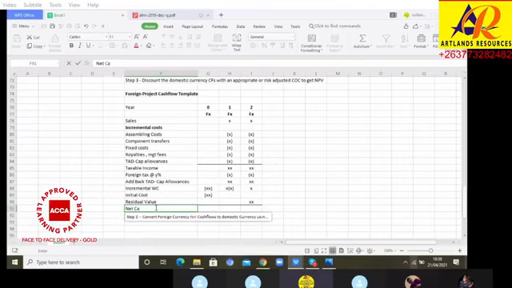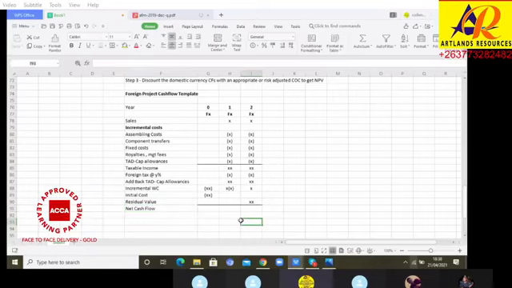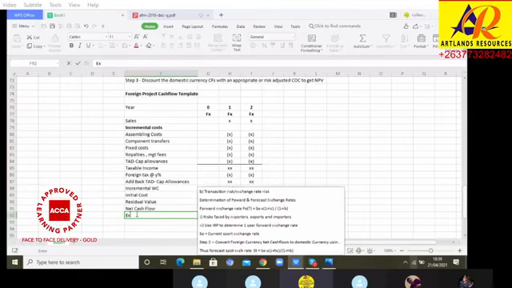This was step number 1. Net cash flow. You get that? So that's your net cash flows. For year 0, it will be negative and so forth, right? And then what you do is you then put the exchange rate.